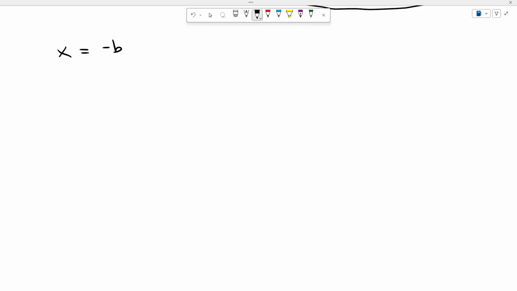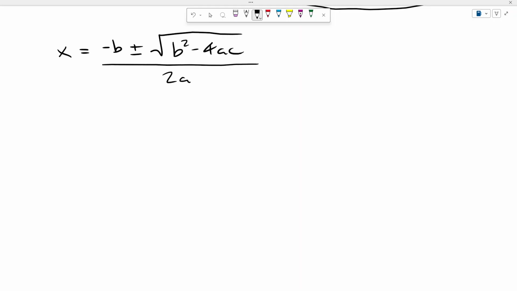Again, get this committed to memory. Negative b plus minus the square root of b squared minus 4ac over 2a. And the part that we are looking at here is this part right here. This b squared minus 4ac, that is going to be what's called the discriminant.